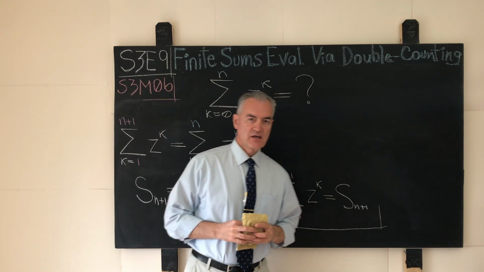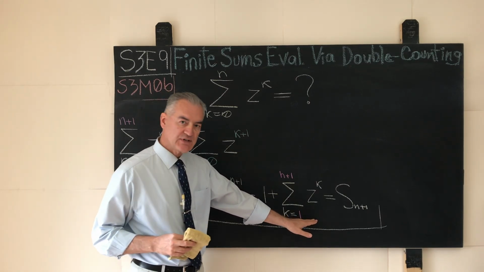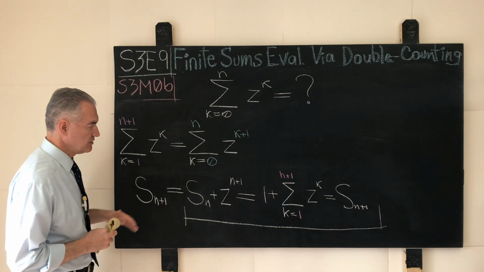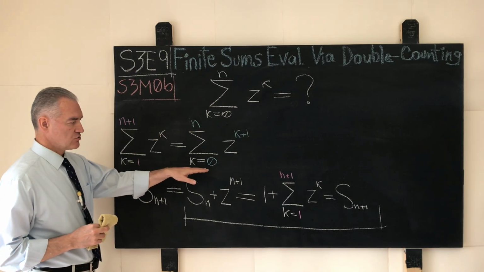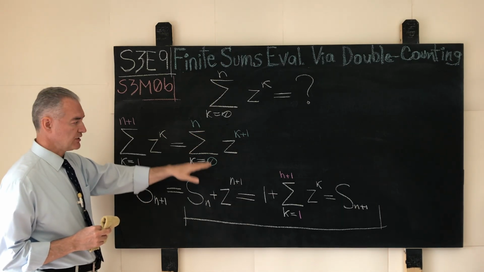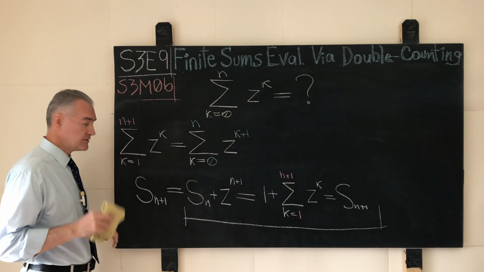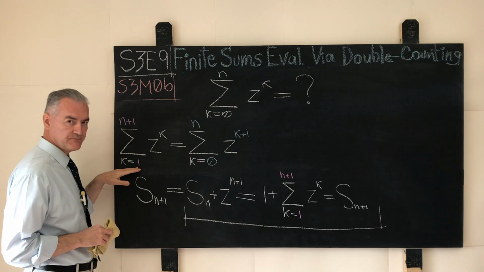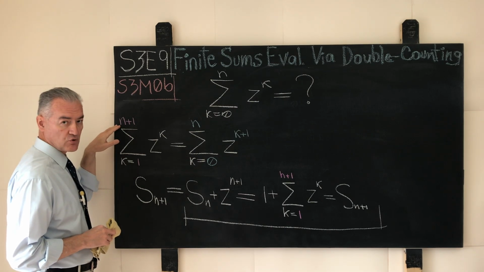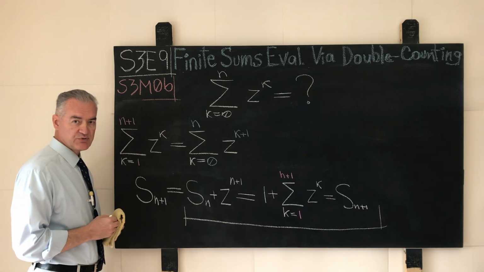Reindex the right-hand side sum that we obtained in the previous step in such a way that the summation index in the reindexed sum runs from 0 to n, shown in blue over here, and not between original 1, shown in red at the bottom, and n plus 1, shown in red on the top, as I explained in the previous segment.